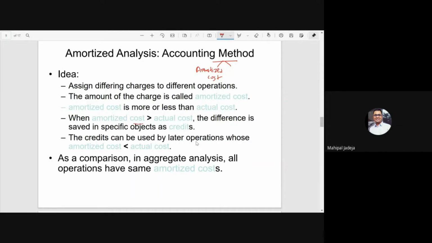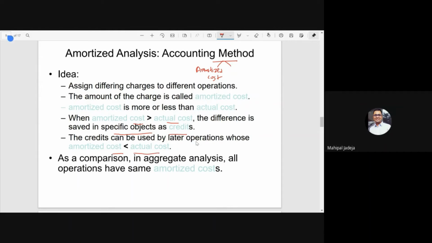When amortized cost is greater than actual cost, the difference will be positive, and we will call that positive difference credits. And these credits will be saved in specific objects. We will see this. And these saved credits can later be used by other operations whose amortized cost is less than the actual cost.